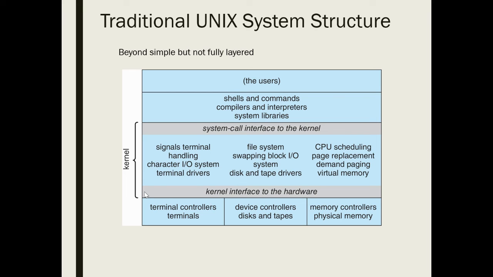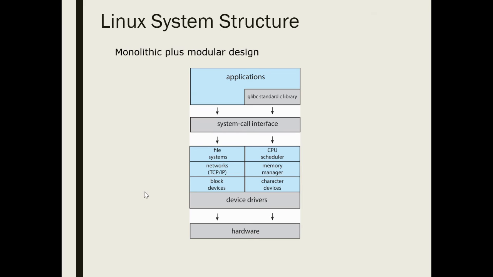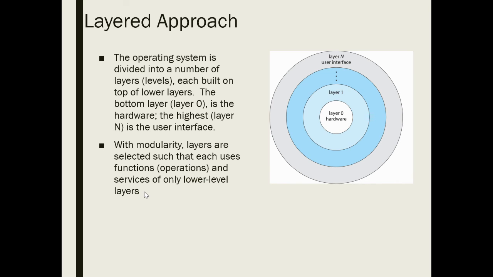With the help of those, we can call the kernel, and from the user end we'll use these shells and commands to communicate or do work with the kernel. We'll use system calls from applications so that a particular service will be called, and accordingly its related device drivers and hardware will be called.